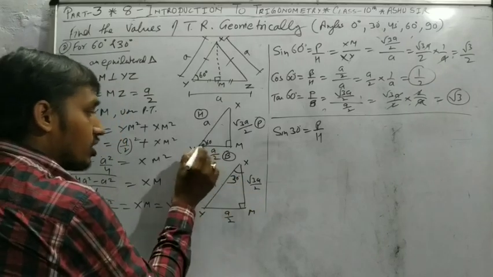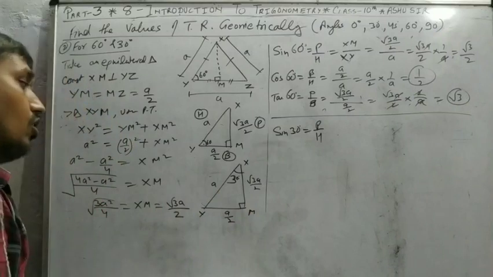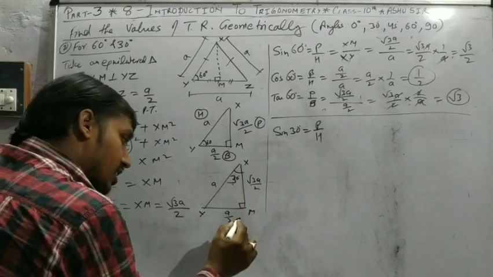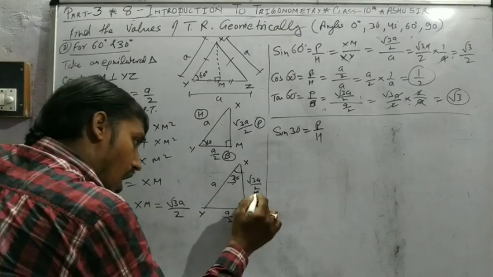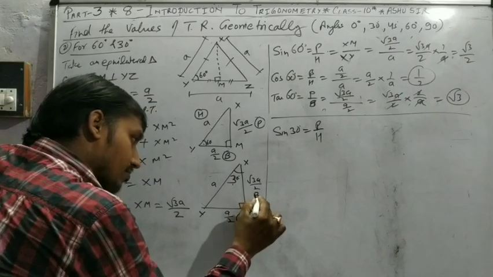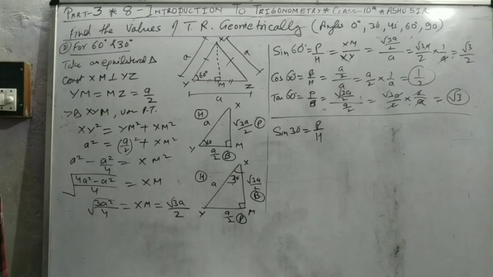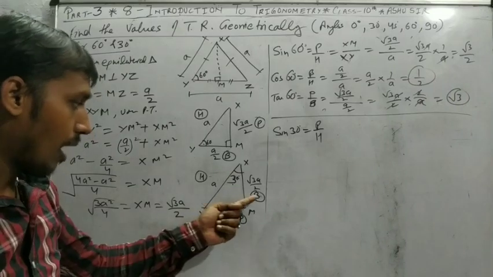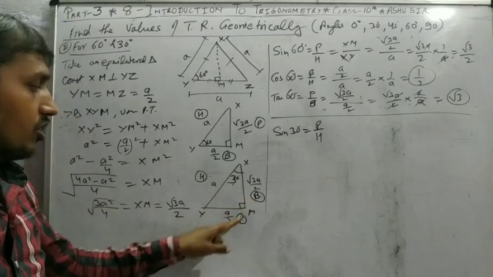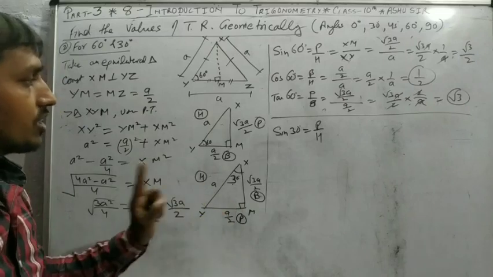Why? This is 60, this is 90, this is 30. So for this angle, this is perpendicular, base and that is the hypotenuse. Angle changes, perpendicular and base change, but the hypotenuse is always the same.